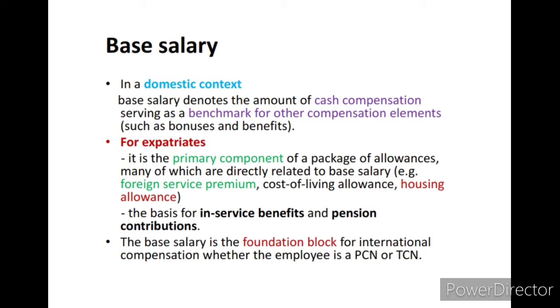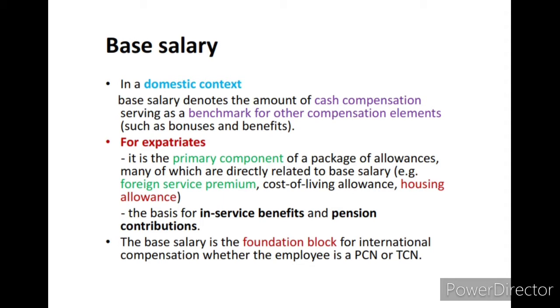Base salary. In a domestic context, base salary denotes the amount of cash compensation. It serves as a benchmark for other compensation elements such as bonuses and benefits. Whereas for expatriates, it is the primary component of a package of allowances, many of which are directly related to the base salary.